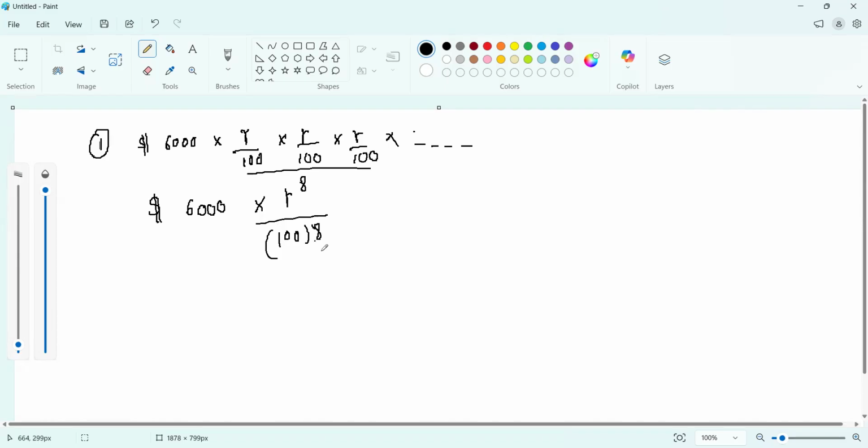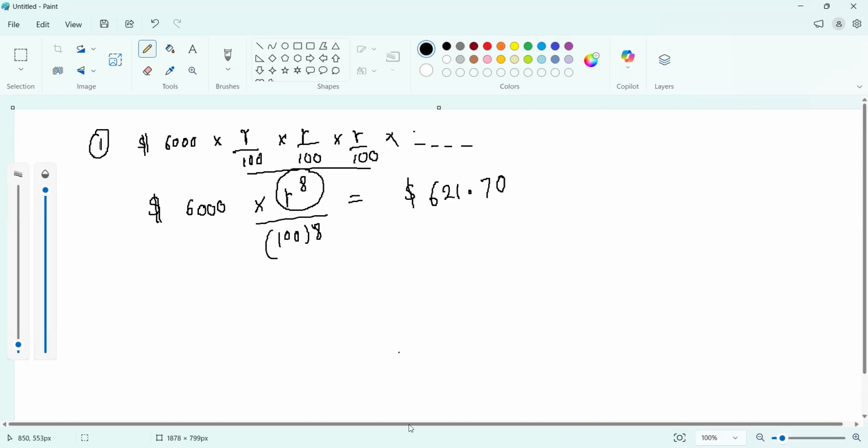Here the calculation, when you simplify it, the amount earned should be 621.70. Now you have to calculate what R is.